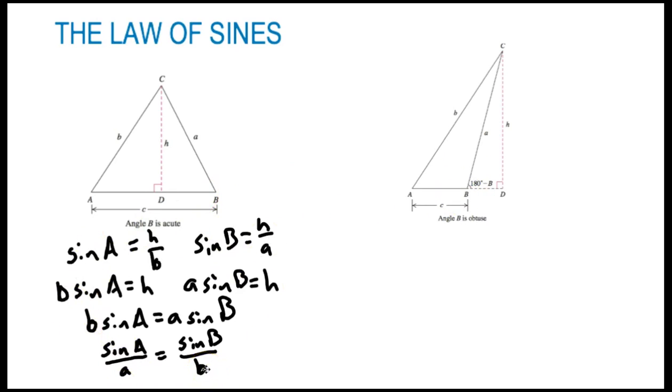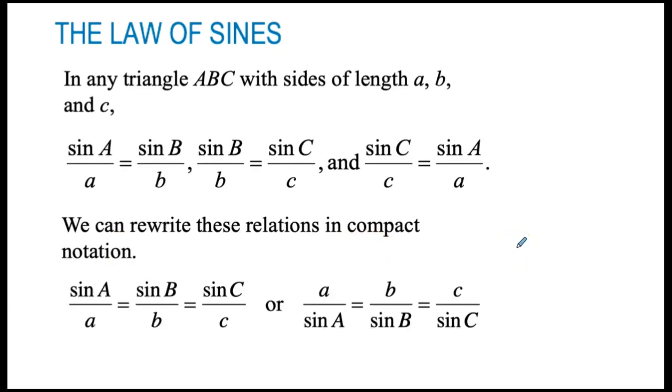Now we could actually also do the same thing for angles A and C or angles B and C. So what that ends up meaning is we get something like this. Okay, if I do that same proof for angles B and C, we could say this: sine of B over side b equals sine of C over side c. And for angles A and C, we would get this. Now, we can then combine those into a single equation to relate all the sides and all the angles in any triangle to look like this.